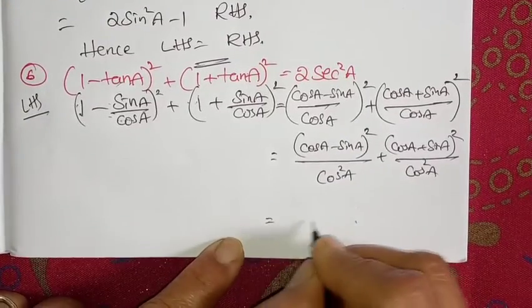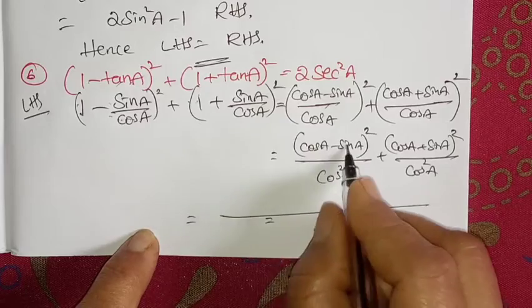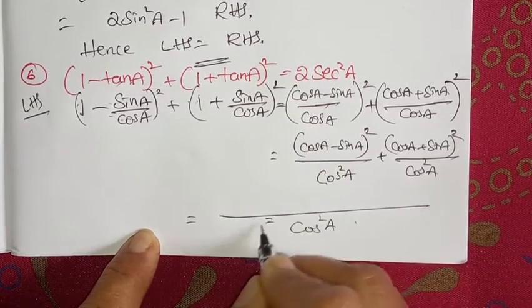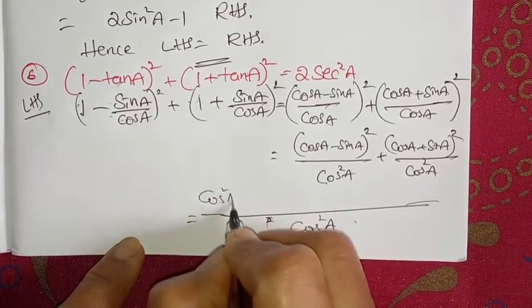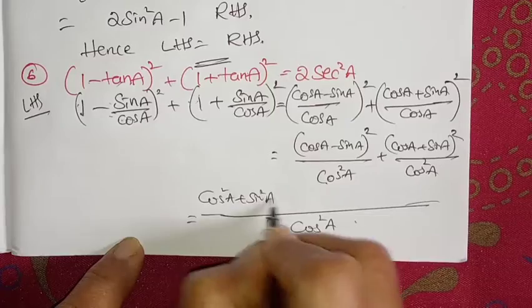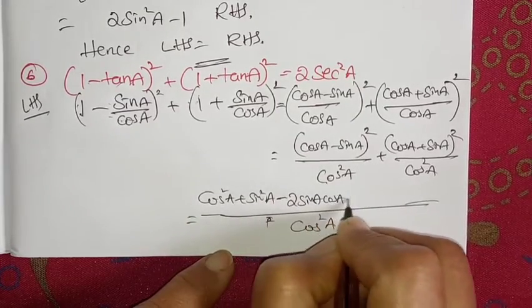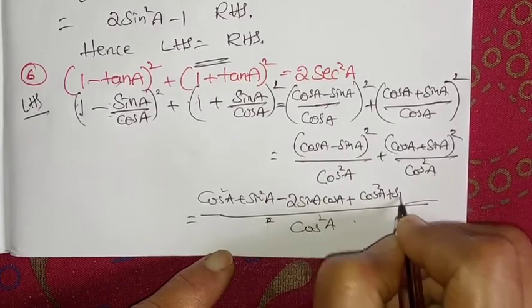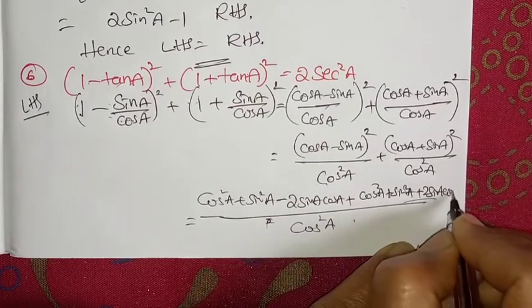Now here we can expand using (a - b)^2 and (a + b)^2. The denominator is cos^2 a, the LCM. So the numerator is cos^2 a + sin^2 a - 2 sin a cos a + cos^2 a + sin^2 a + 2 sin a cos a.